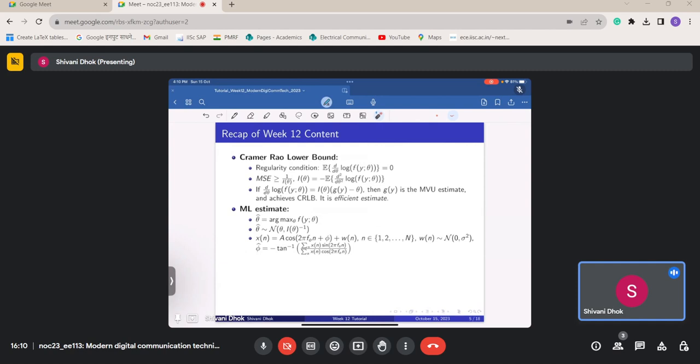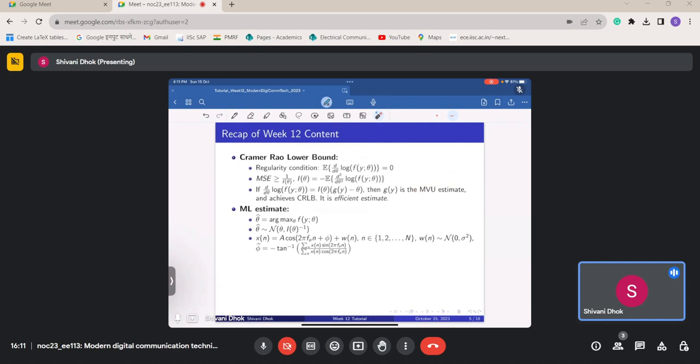When you don't know the statistics of the parameter which you want to estimate, for example, suppose I want to estimate theta from the data y, and I don't know the statistics of these, then it becomes very difficult to find an unbiased estimate or an optimal unbiased estimate. In such a situation, we call such an estimate a minimum variance unbiased estimate, or MVU estimate, and there are various ways to find this MVU estimate. Another thing is, this MVU estimate may or may not exist.